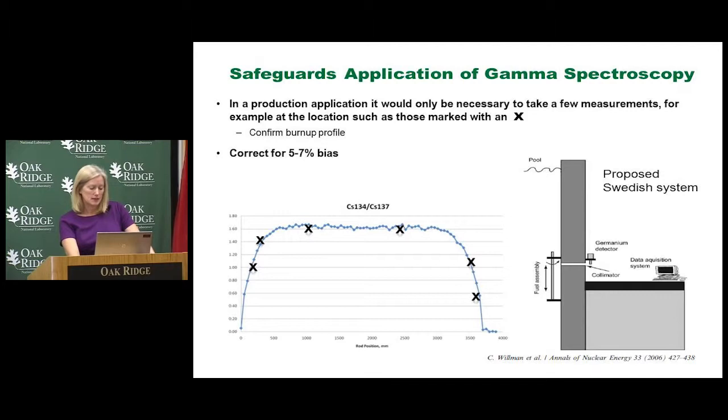And what you get here is a plot of the cesium-134 peak and the cesium-137 peak as detected by the germanium detector. And we could take several gamma spectroscopy measurements along the fuel, determine the axial profile, and then better determine the burnup. Okay? Instead of taking the average across the center of the fuel assembly.